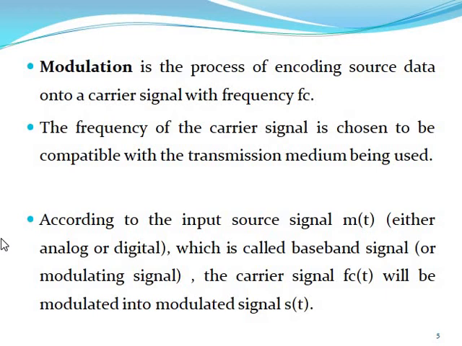According to the input source, the signal is either analog or digital, which is called the baseband signal, and the carrier signal will be modulated into the modulated signal. So modulation is the process of encoding the source data onto the carrier signal at a frequency. The source signal is either analog or digital, it depends, and the carrier signal we can modulate into the modulated signal.